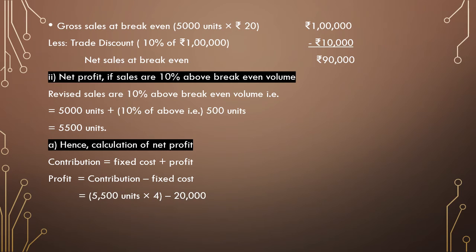So contribution will be 5,500 units into 4, which we have calculated before, minus our fixed cost, which is rupees 20,000. By solving this, we get rupees 22,000 minus rupees 20,000, and in this way the profit we have got is rupees 2,000.